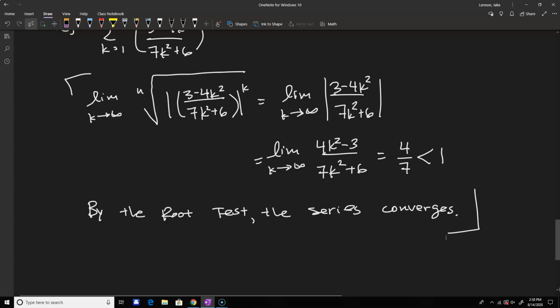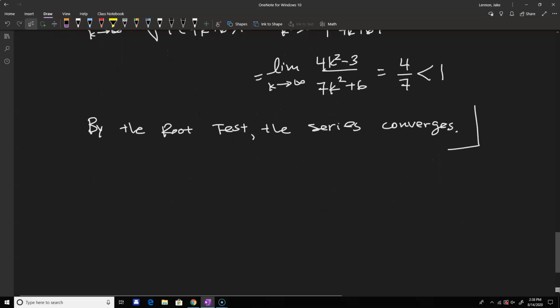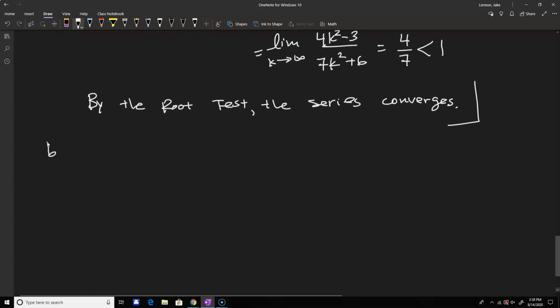All right, so let's do one more. Let's go ahead and look at the infinite series of negative 2 to the k over k to the 10th.